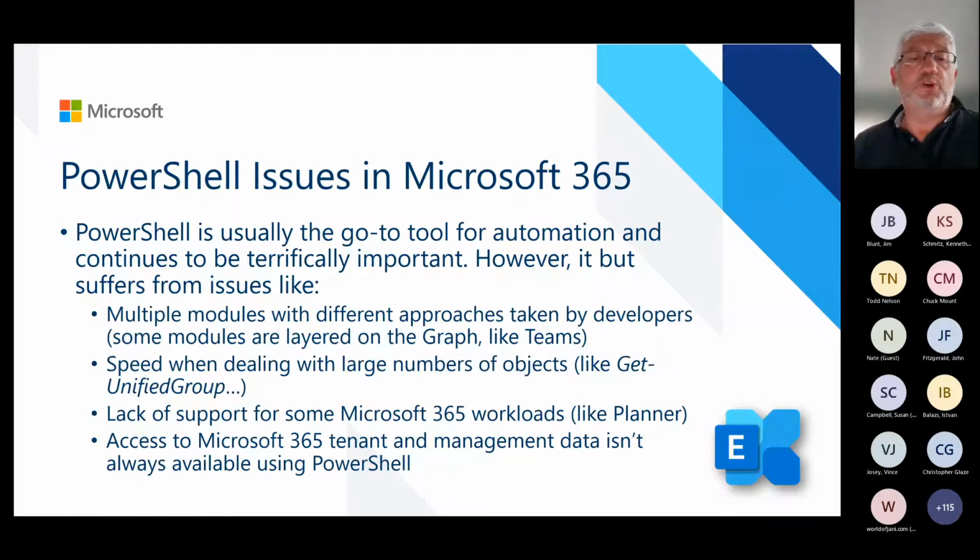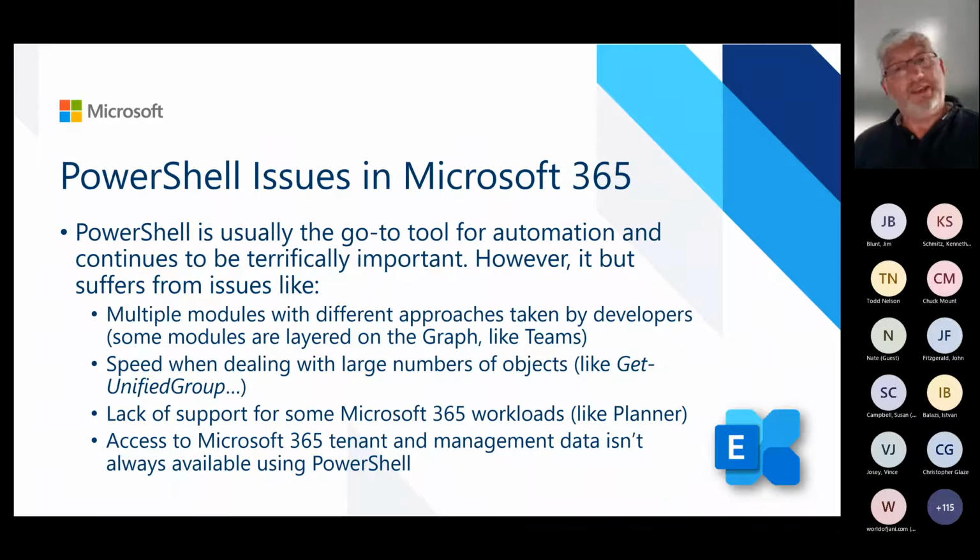Speed is a problem when you're dealing with large numbers of objects, and indeed with some of the complex objects. Microsoft 365 groups is a very good example. The Get-UnifiedGroup commandlet will fetch you all the Microsoft 365 groups in your tenant, but it will take time. Why?